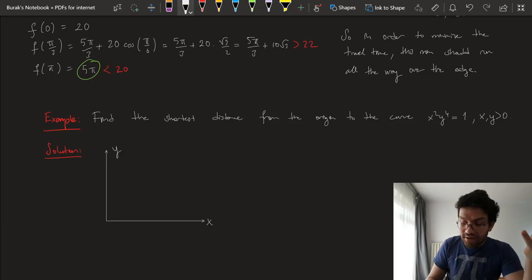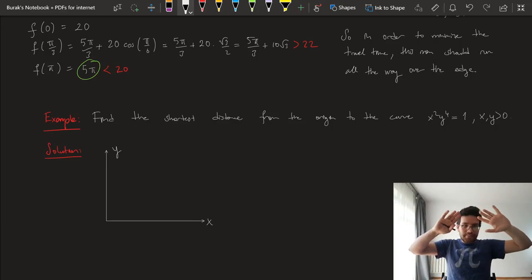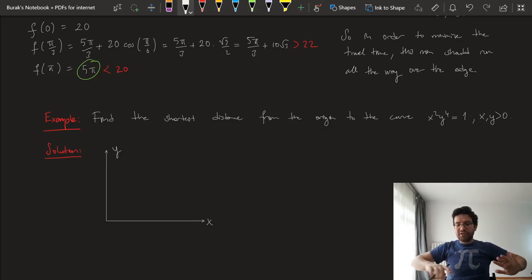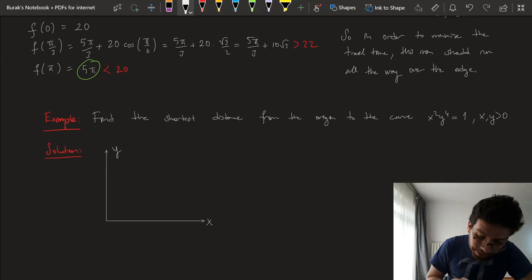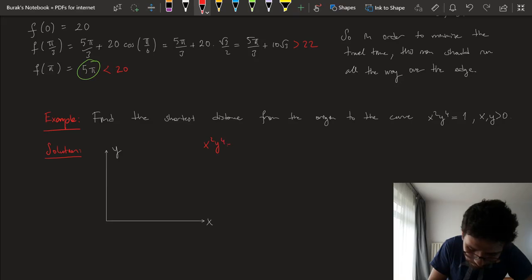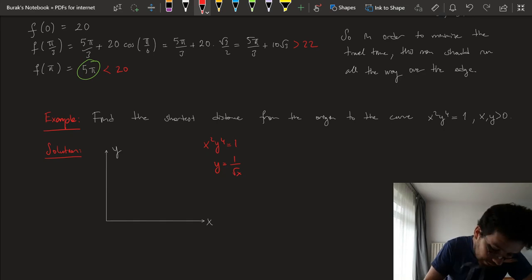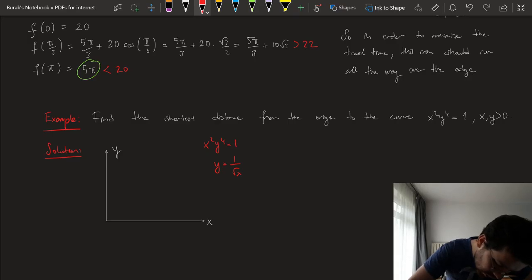I'm told that the curve has parts in all 4 quadrants, but I'm supposed to consider the part in the first quadrant where x and y are positive. So let's try to understand what this curve is. If x squared y to the power 4 is 1, then y is 1 over root x, if x and y are both positive, so it's going to be a curve which looks like this.